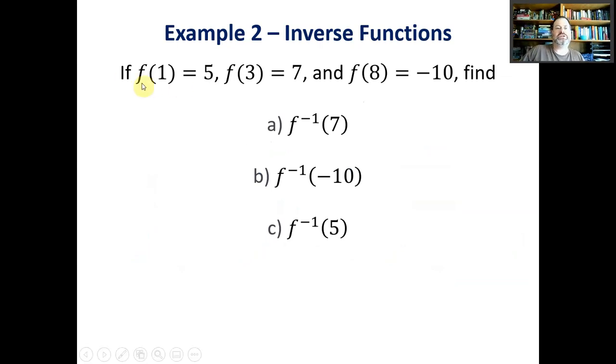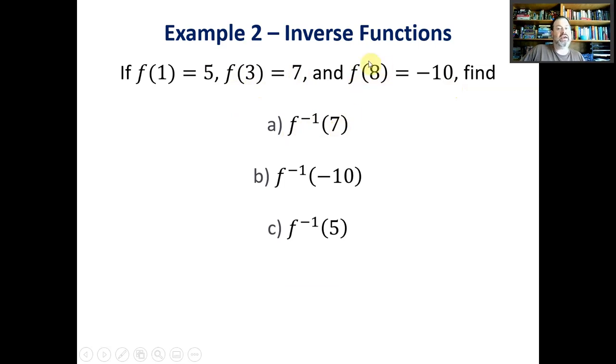So if you have a function, f of 1 equals 5. So this function takes 1 and sends it to 5. This function takes 3 and sends it to 7. It takes 8 and sends it to -10. Then what are the inverses? So the inverse just does the opposite. It just goes the other direction. So if f sends 3 to 7, then f inverse sends 7 to 3.